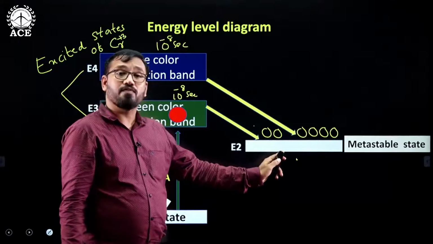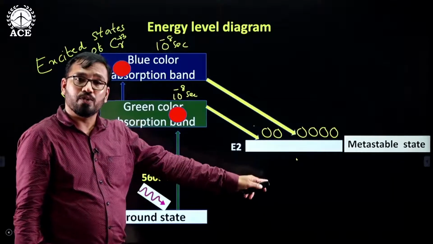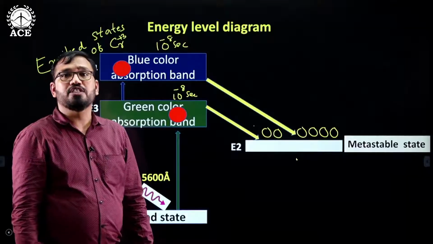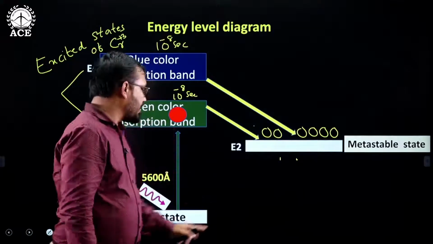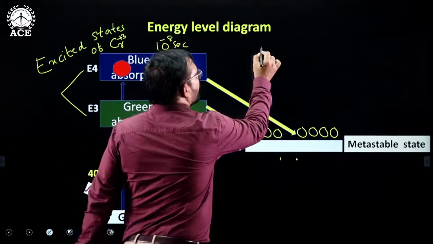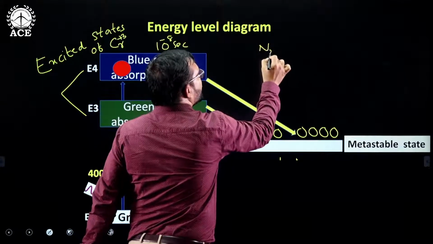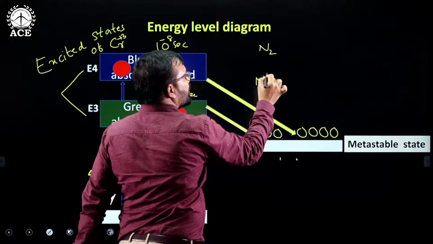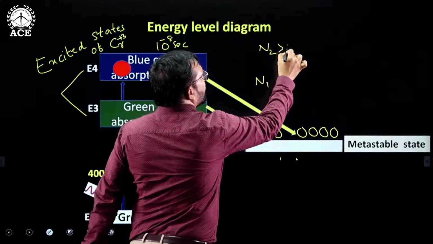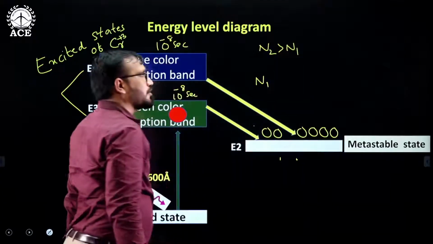Now the transition of chromium ions takes place into the metastable state, and you achieve a larger number of atoms here. That is called E1, and this is E2. The number of atoms present in E2 is N2. The number of atoms present in the ground state is N1. When N2 is greater than N1, that is called population inversion.